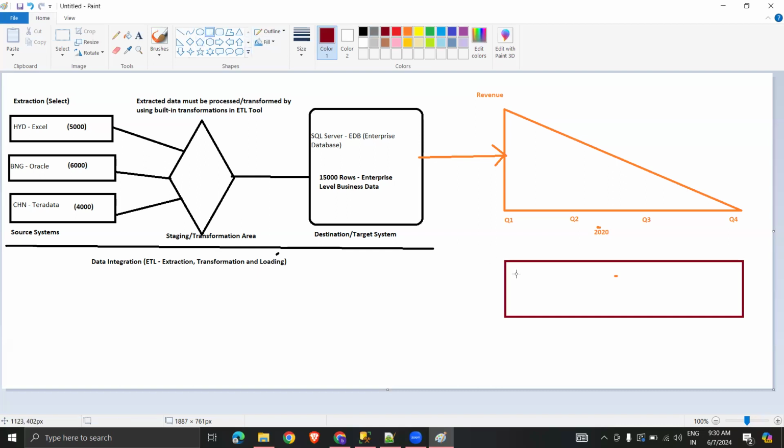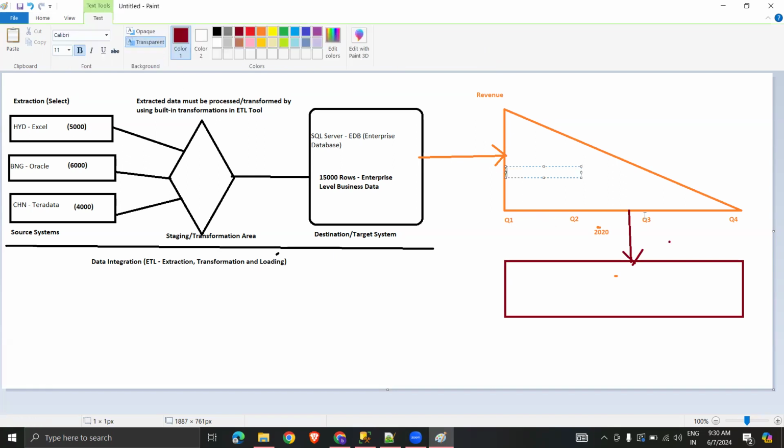Right. So this is our last activity. Sir, what is your analysis then? Before that, let me label this. This is my report design or else data visualization.